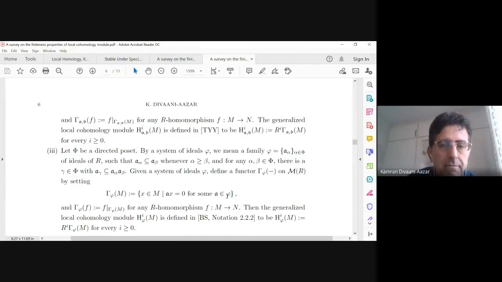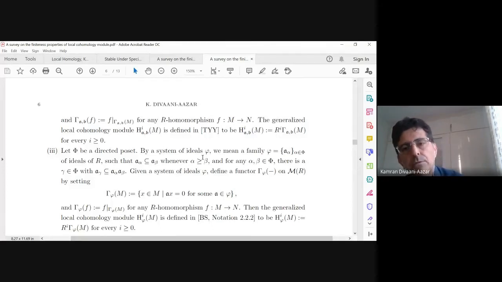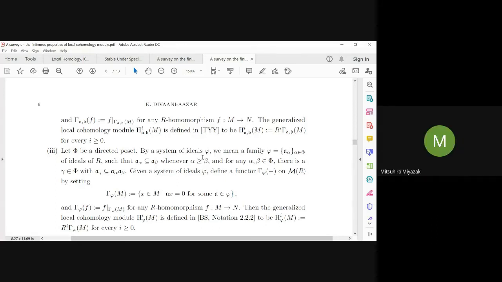But we can construct examples of local cohomology with respect to a phi that is not the same as local cohomology with respect to a single ideal. It's possible to find such examples. If you want to ask this. Okay, thank you.